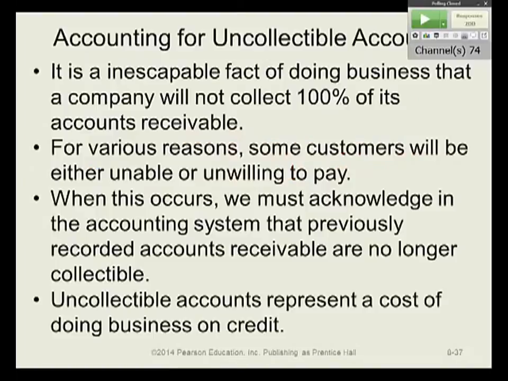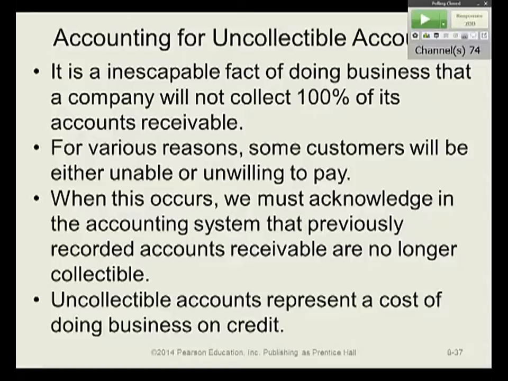So again, we have to think about when the cost of credit is incurred. I'm going to tell you why this method is not considered GAAP at the outset. It's wrong for a couple of reasons. One, it does not record the bad debt until someone actually cannot pay, which could be a year or 2 years later.